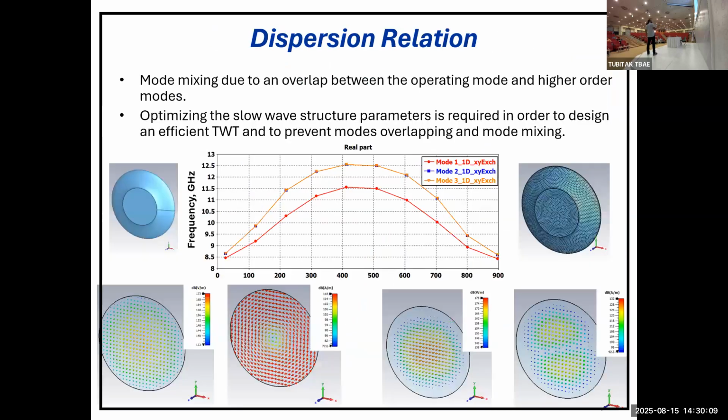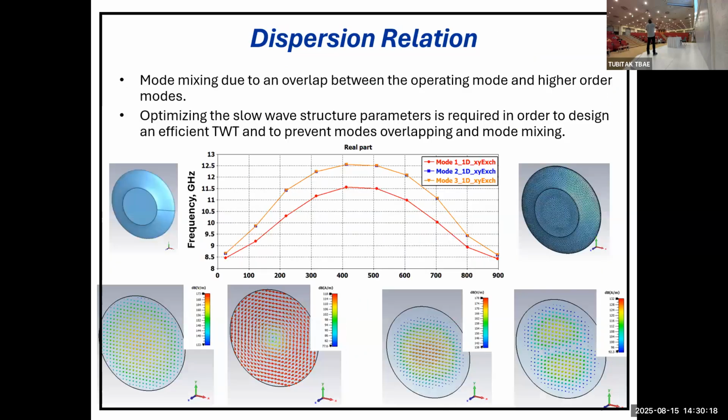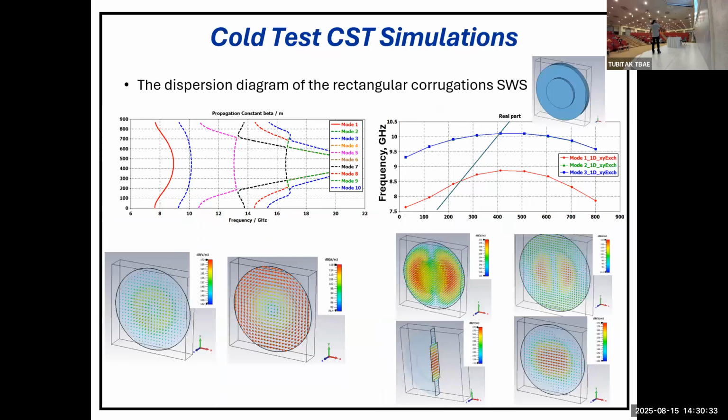Okay, so this is the dispersion curve for sinusoidal corrugation, and the previous one is for rectangular corrugations, and they are very close to what we got from HFSS. There is an advantage and disadvantage to using multiple software tools, because the mesh for different software is different.